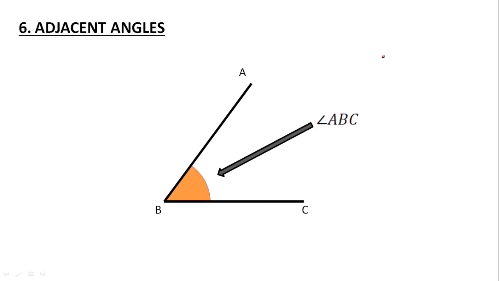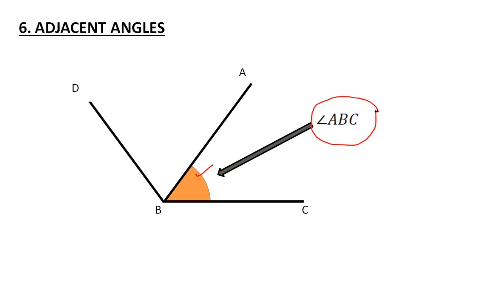Now this angle that we see here between the lines AB and BC is named angle ABC. Now if there's another line BD and an angle is formed on this side, that angle is named angle ABD. Here we see that the line AB is common to both.